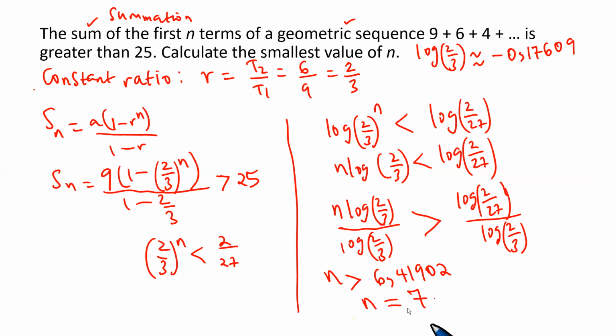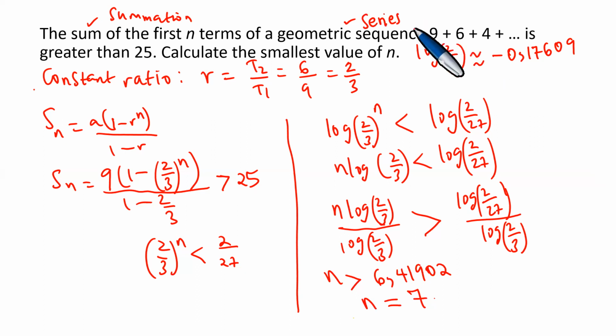Okay, so we had to deal with the sum of the first n terms of the geometric series. This is greater than 25. They just used the word sequence, but I must indicate, please, that this one is a series, because in mathematics, a series means a sum.